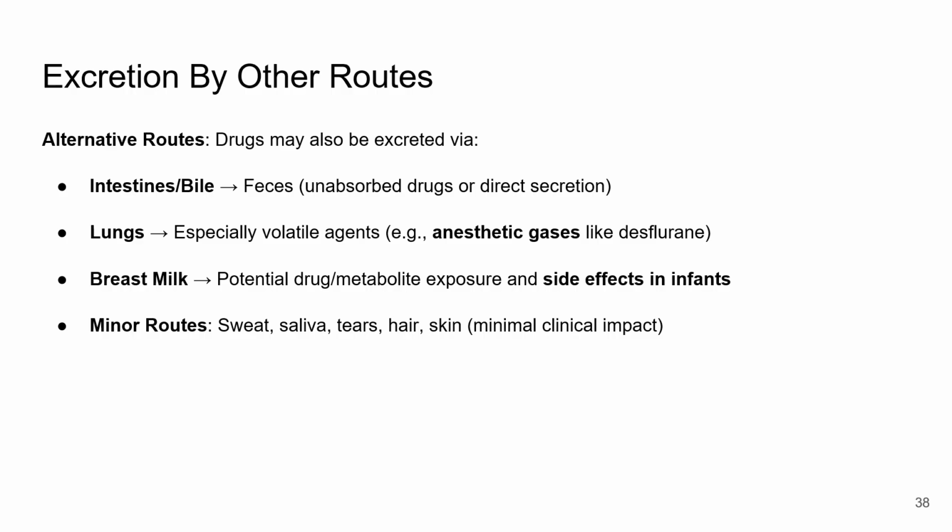Another route is the lungs. Volatile substances such as our inhaled gases are eliminated primarily through exhalation. So lung function, in this case, would directly affect how quickly the drug leaves the body. Patients with decreased lung function, COPD for example, will not eliminate these drugs as quickly.